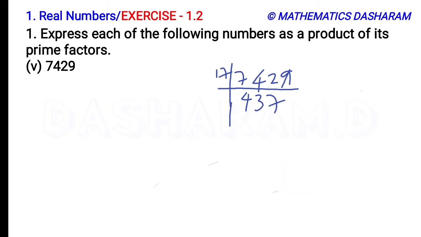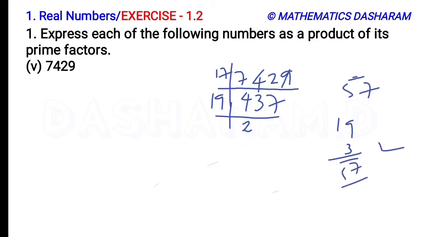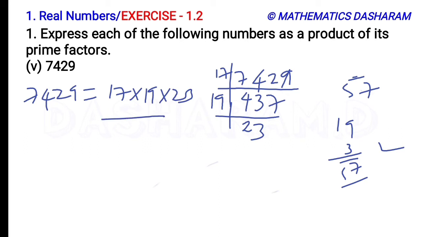Next, 19 table, 19 ones are 19, 19 twos are 38, remainder 5, next digit 7, 19 threes are 57, 2 carry 57. So 23 is a prime number. 7429 equals 17 into 19 into 23.